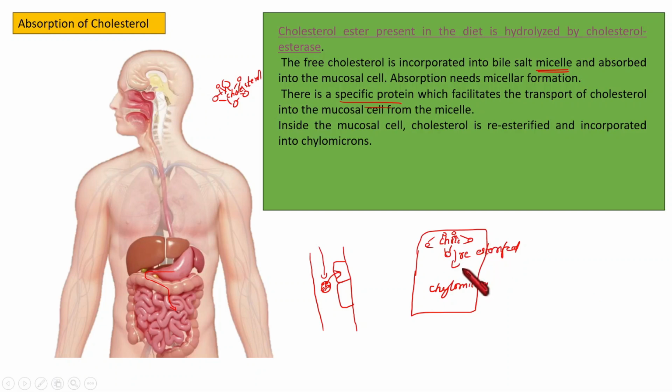Then, to prevent it from again combining with each other, some rolls, balls are formed using this small or discrete cholesterol units, and those small balls are called chylomicrons. It is just similar to the way that we make balls using dough.